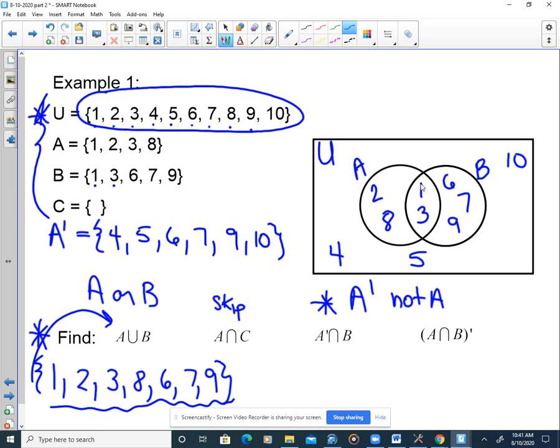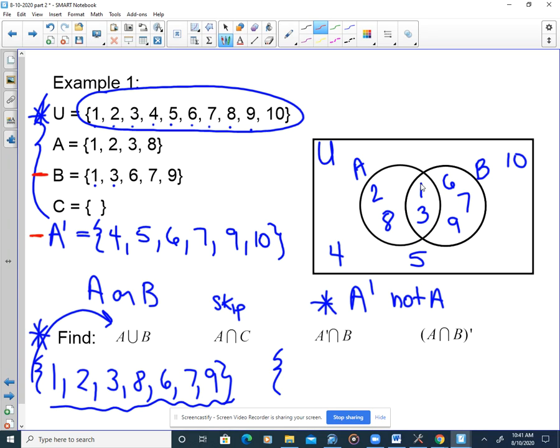Well, what do we want to do with not A? It says not A intersect with B. So intersection is what the two have in common. So what elements are in both not A and B? Well, here's B, here's not A. What do they have in common?